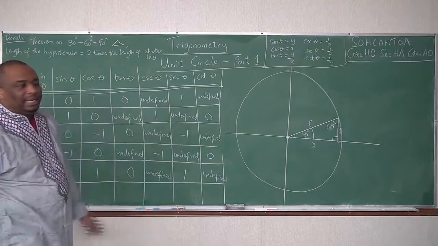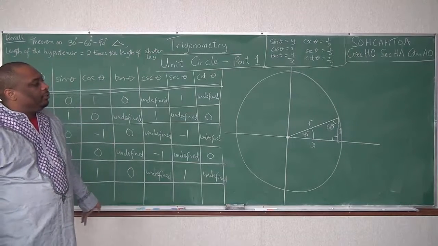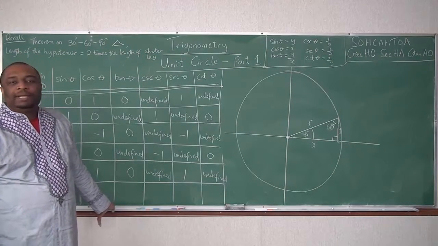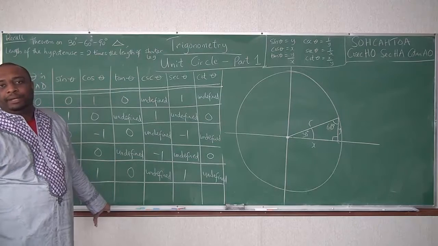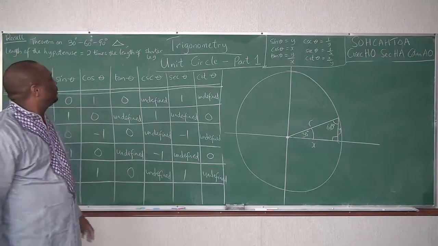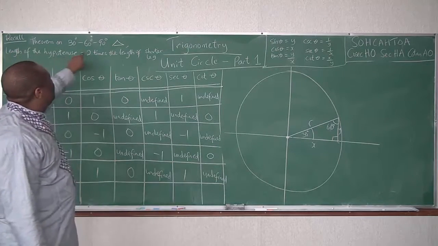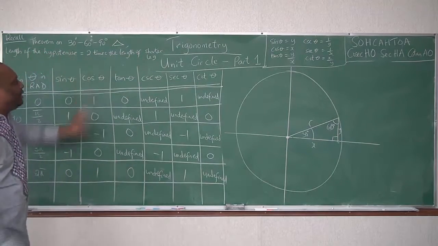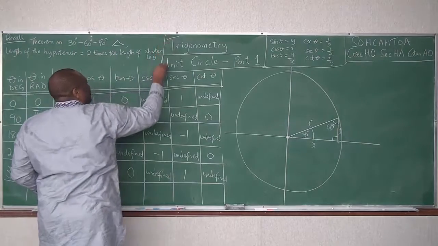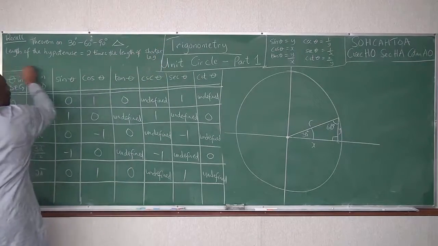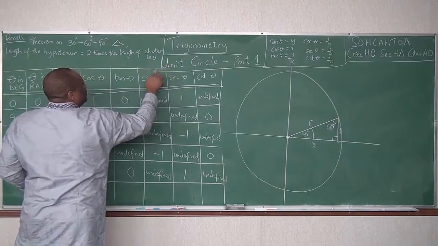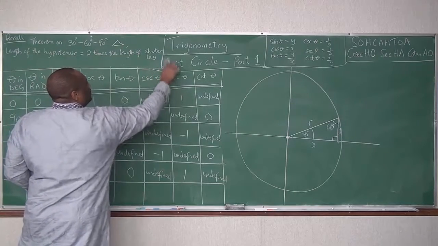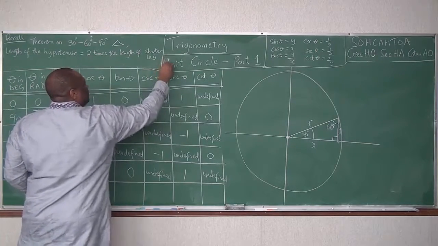The Y and the X are the legs of the triangle. So the length of the hypotenuse is 2 times the length of the shorter leg. This is a theorem. Okay? You need to take it down so you know it.